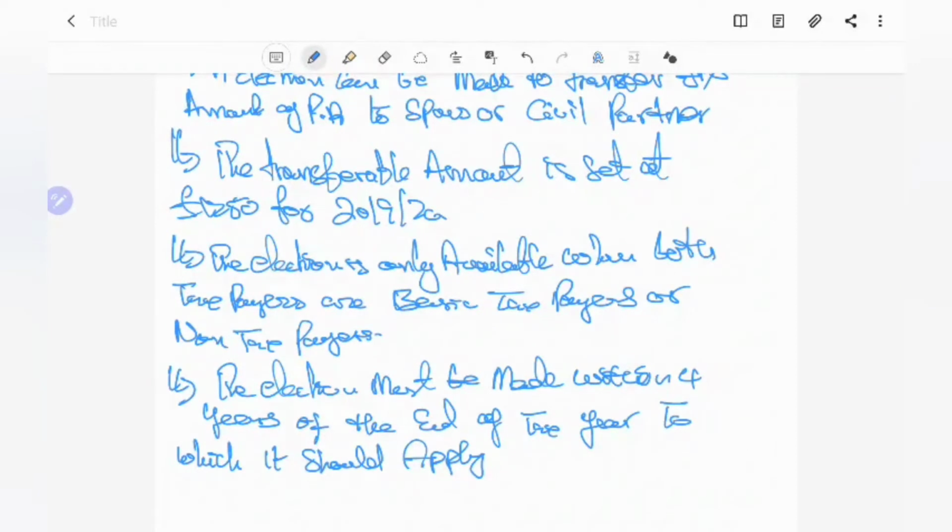Though if made within the tax year concerned, the election will remain in force for future years until it is either withdrawn or the conditions are not met.